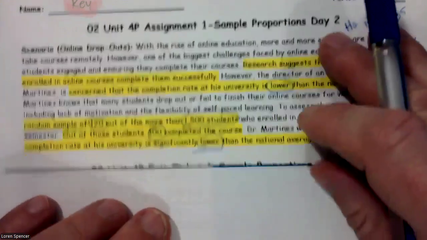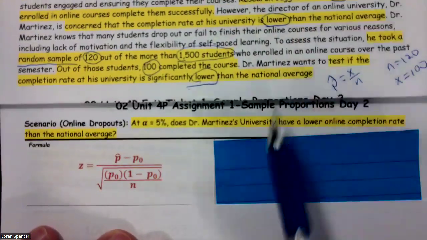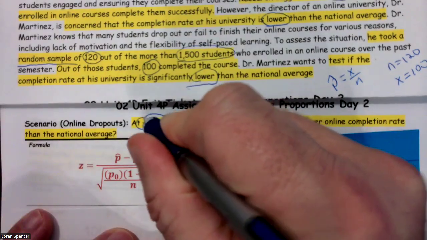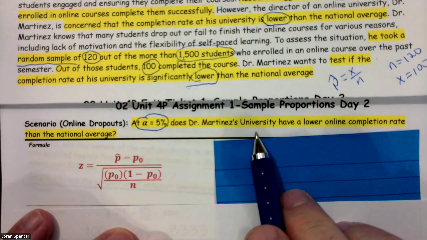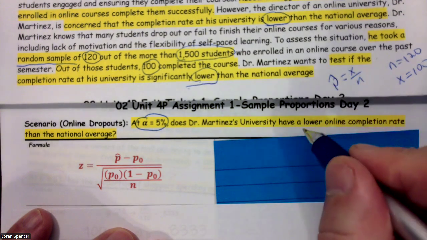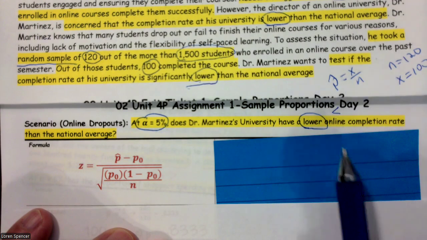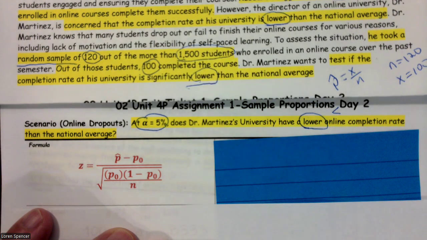All right, so our first assignment at alpha equal 5%. So there's our alpha level, significance level. Does Dr. Martinez's university have a lower, once again confirming that our Ha is going to be a less than, online completion rate than the national average, which is 85%?